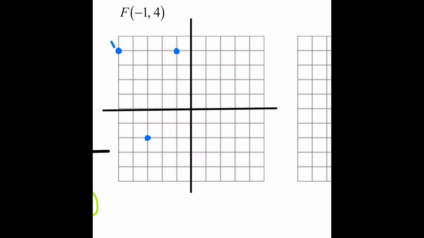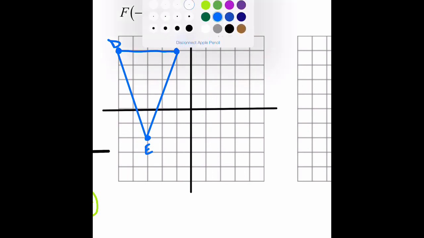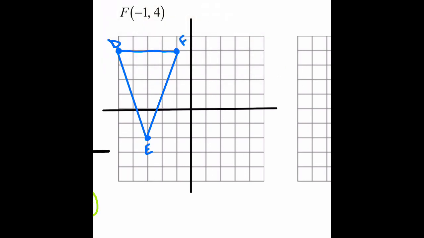So this is D, E, F. Okay, so we have our triangle DEF. Now the midpoint of DF is fairly easy to spot. It's 4 units long, so the midpoint is right there. I'm going to connect that midpoint to the opposite vertex to create one median.